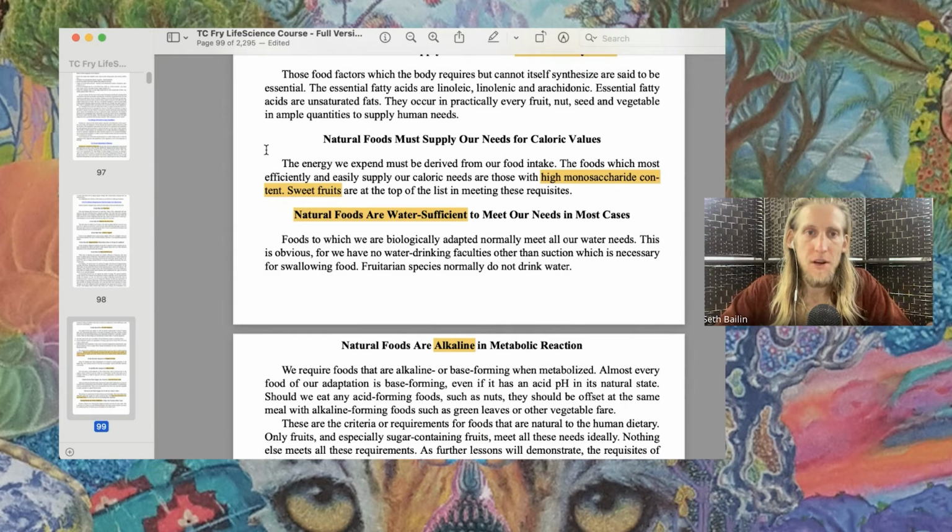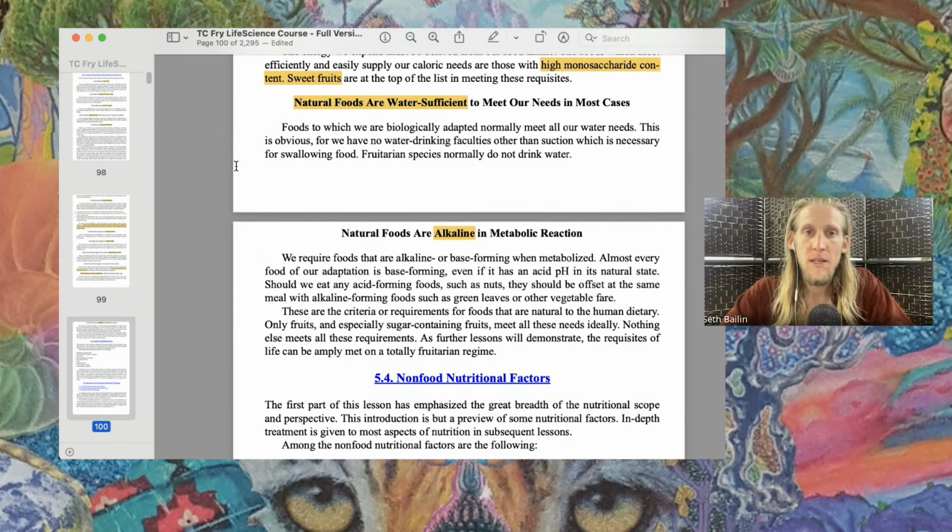So if you try to go vegetarian or vegan or raw vegan and all you're eating is celery and lettuce, you're probably not going to hit your caloric needs. Focus on the fruits, grapes, oranges, mangoes, the rest, and you will have ample monosaccharides to keep you energized, to keep you fueled.